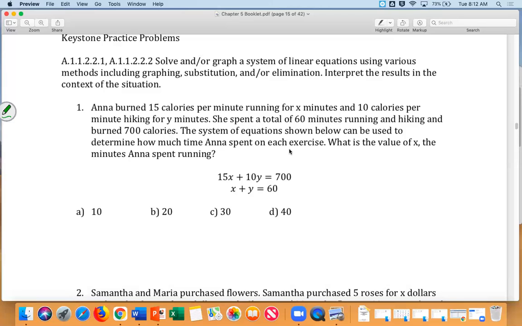Angela, what should I multiply this bottom equation by to get rid of the Y? 10. So if we multiply this by 10, the top equation remains 15x plus 10y equals 700. And on the bottom equation, we get 10x plus 10y equals 600.